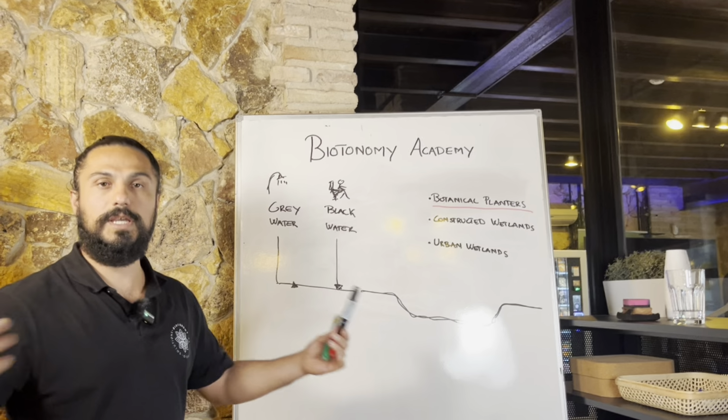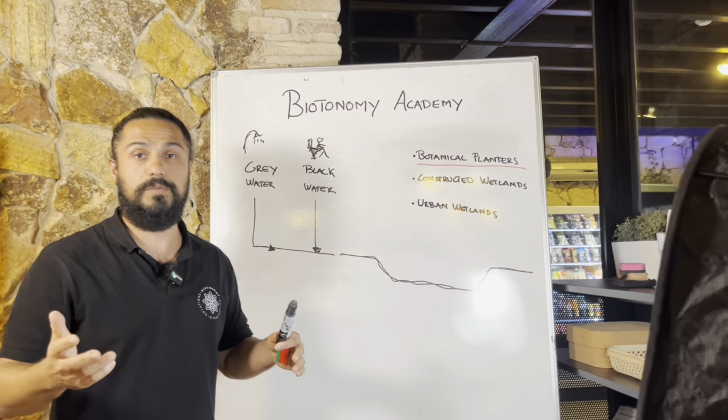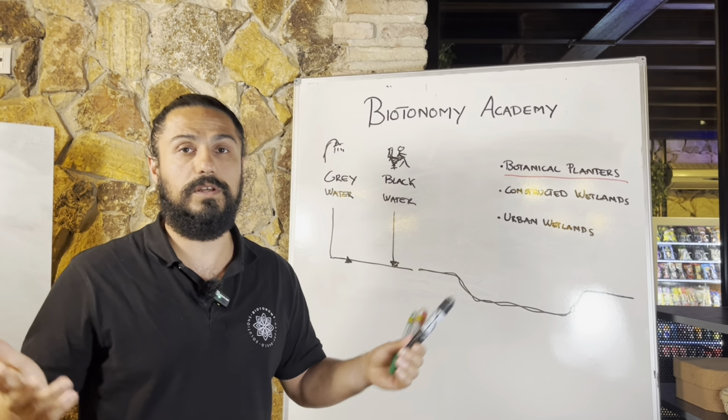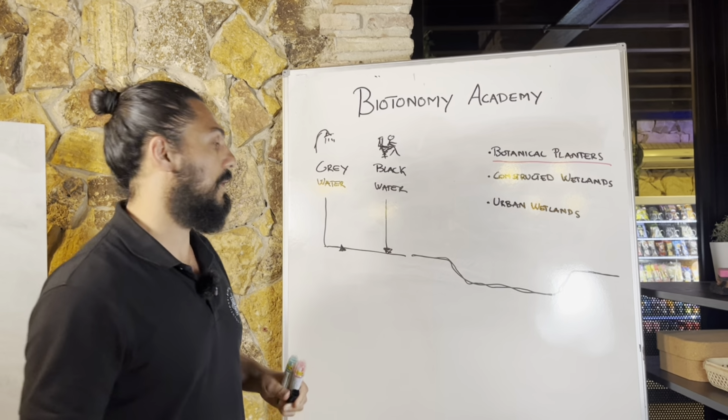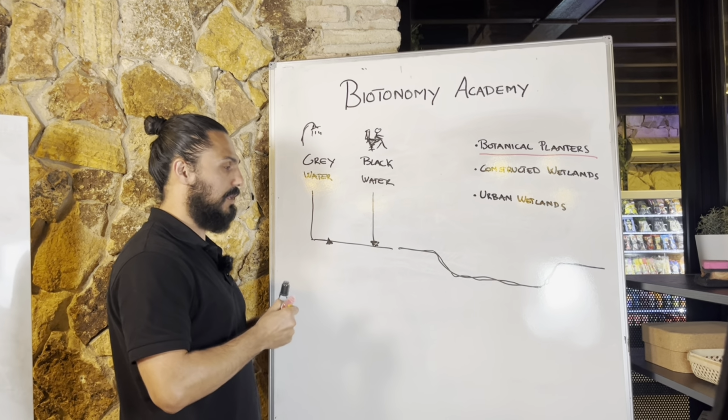So you dig out, you make a big hole. And with this system, you can basically treat the wastewater for a whole city, for a whole village or a community.